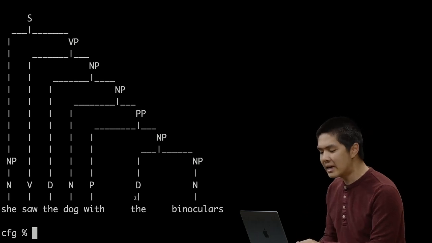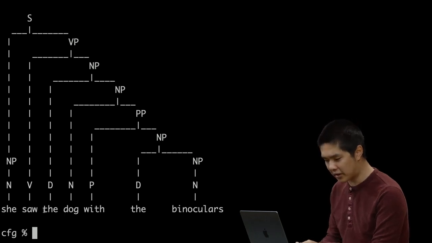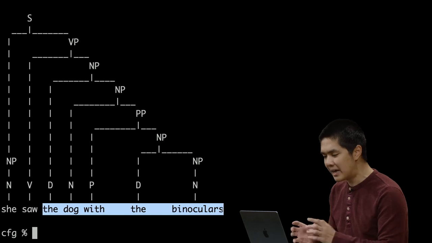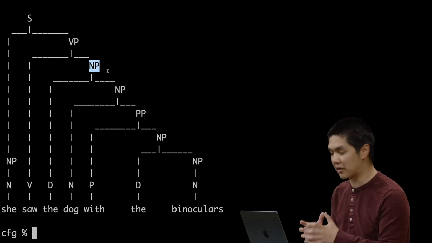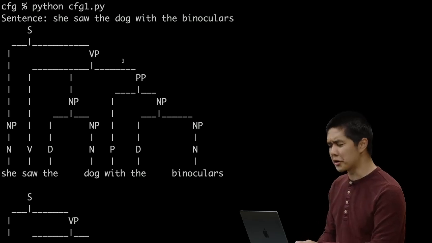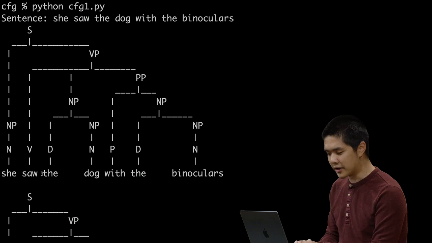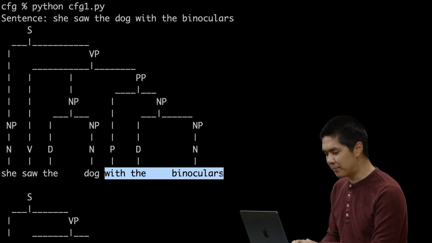And NLTK is able to identify both possible structures for the sentence. In this case, the dog with the binoculars is an entire noun phrase. It's all underneath this NP here. So it's the dog that has the binoculars. But we also got an alternative parse tree where the dog is just the noun phrase, and with the binoculars is a prepositional phrase modifying saw.